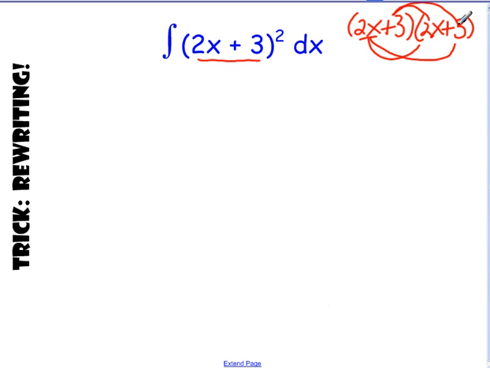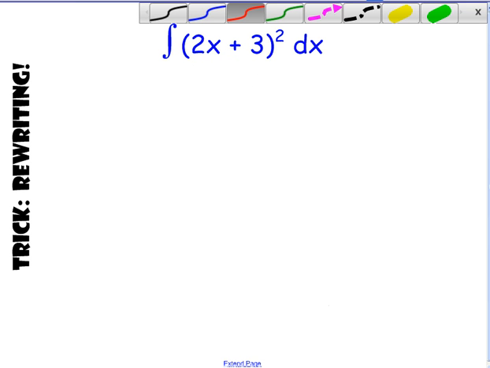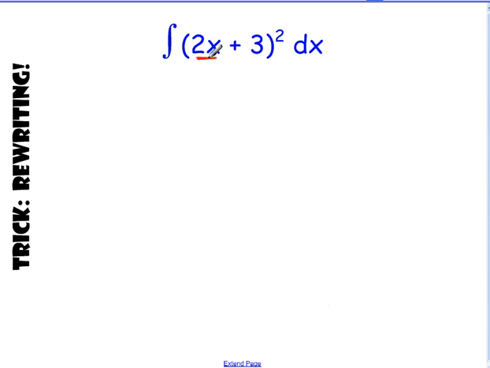But I think there's an easier way to do this. The easier way I think to do it is to remember that there's a shortcut. The shortcut is to think about squaring the first term, then multiplying and doubling the first and the second term, and then squaring the last term. And this is what it looks like.